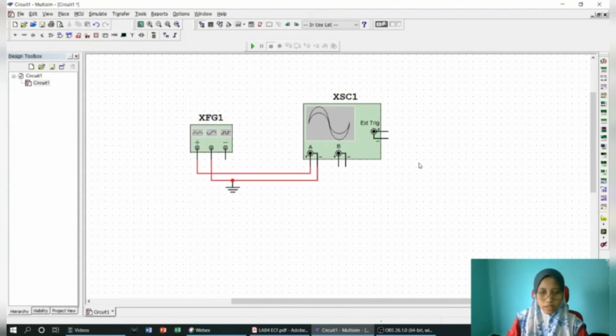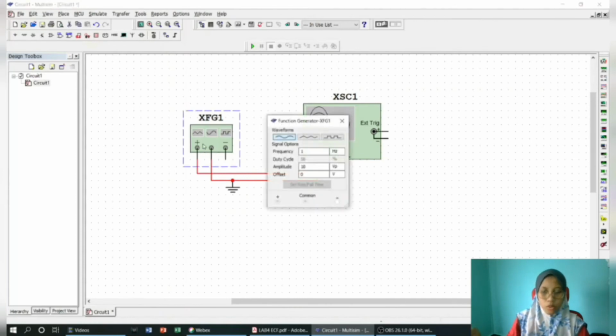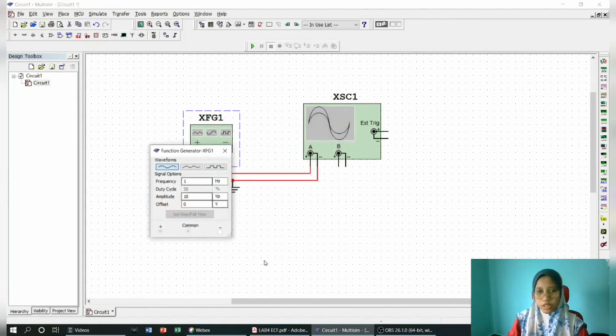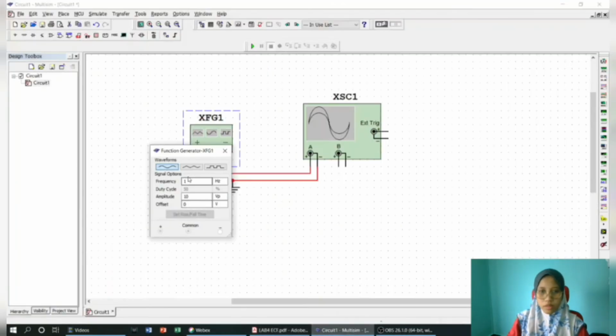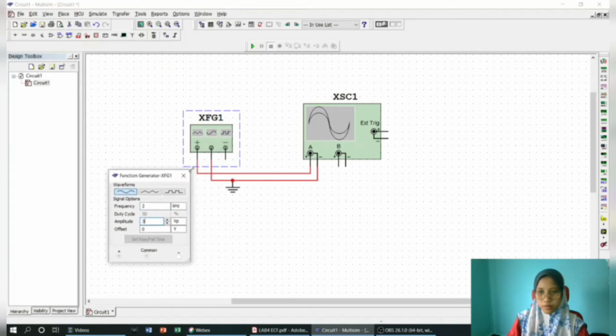The connection is done. We need to set the function generator. We use the value of 3 amplitude and the frequency 2 kHz. Now it's done.